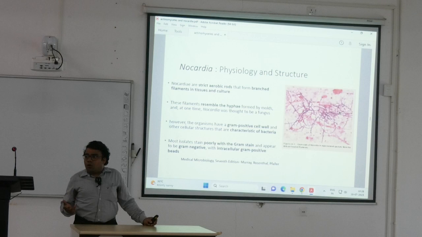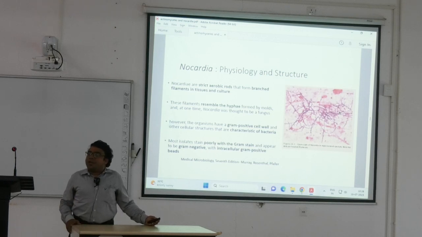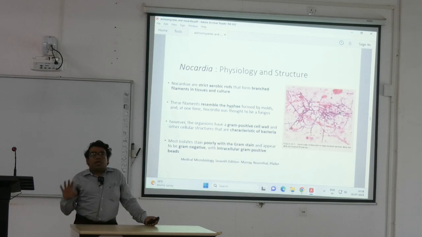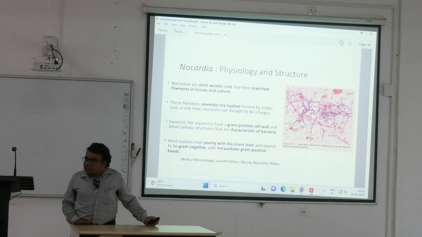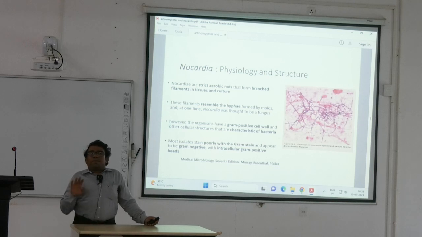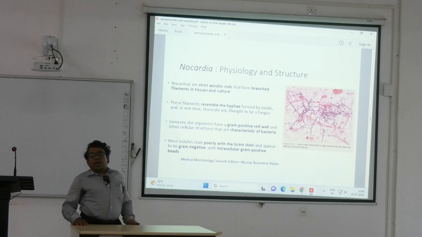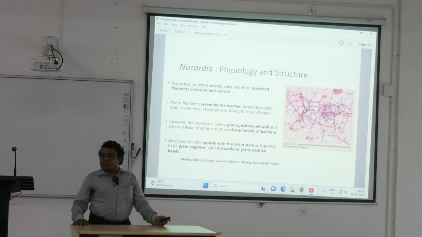Sometimes the staining may not be taken up, hence it may also appear as gram negative. Although it's a gram positive organism, sometimes, especially in clinical samples, the gram stain may not be taken up by the bacteria. Hence, they might appear as gram negative, but they are gram positive.